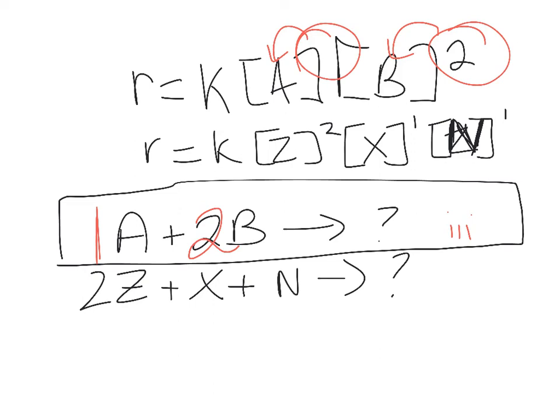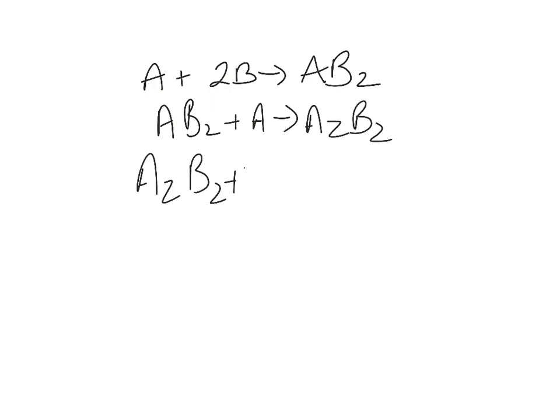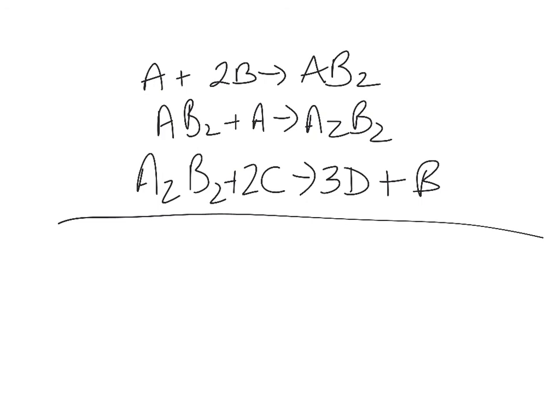Overall equation, add them up. You've got A plus 2B, and if you picked the wrong mechanism but you did this correctly, you still got marks. So you add them up just like it was Hess's law.